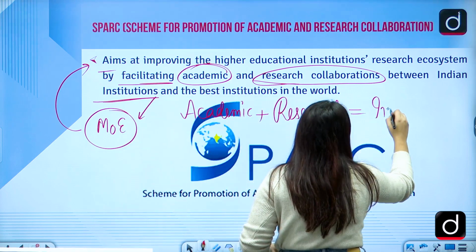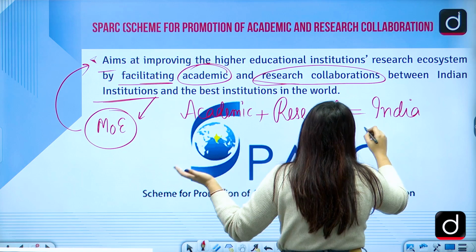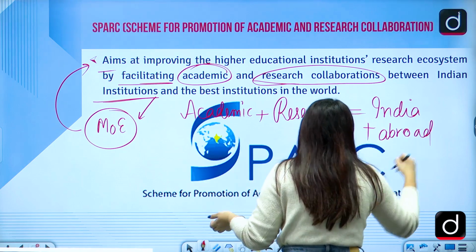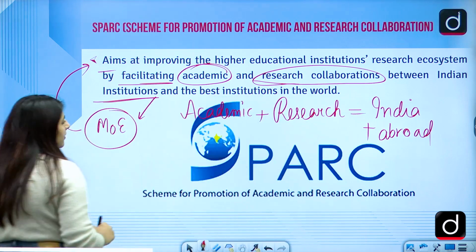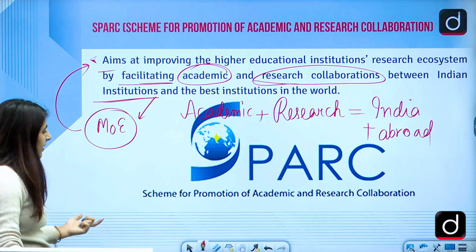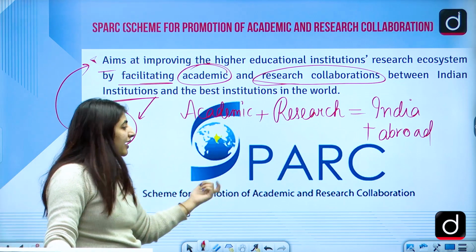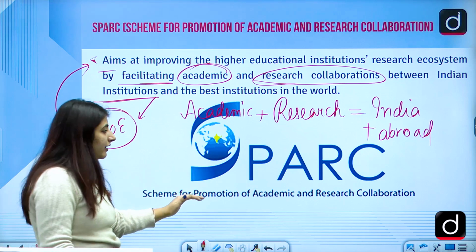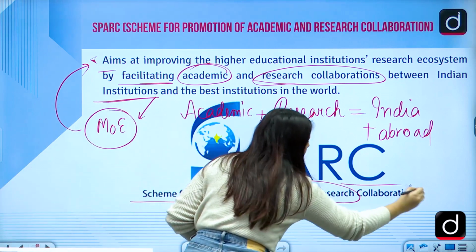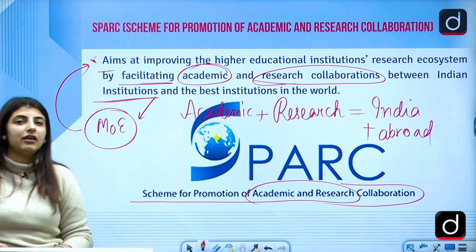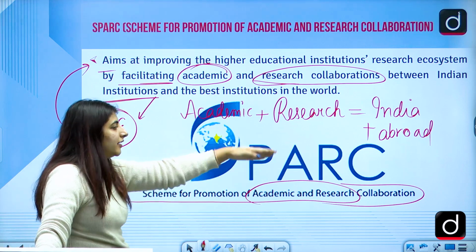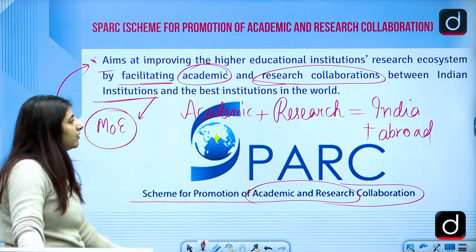So India and abroad is the focus here. The collaboration of people in India and abroad. Correct? And you should note down the full form here as well. Scheme for Promotion of Academic and Research Collaboration. So even if you memorize the full form, you have these three words which tell us what the scheme is all about. Scheme for Promotion of Academic and Research Collaboration. Correct?